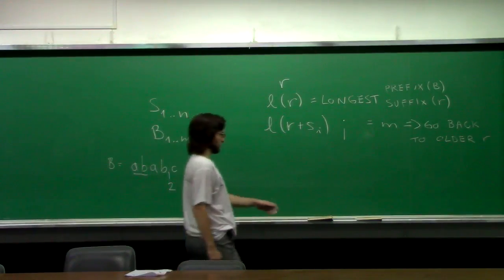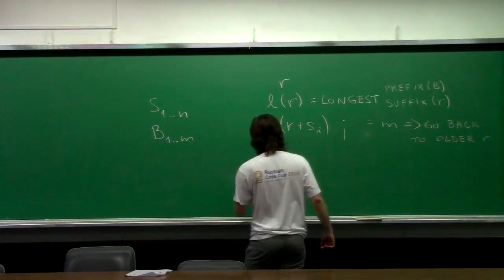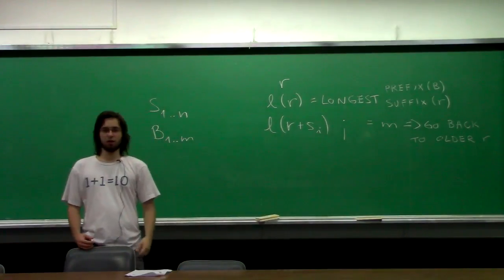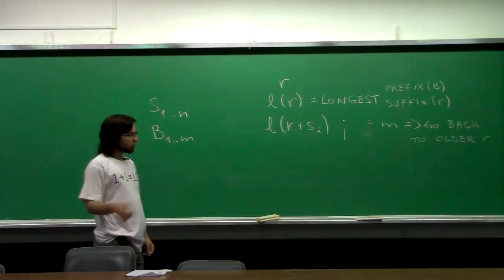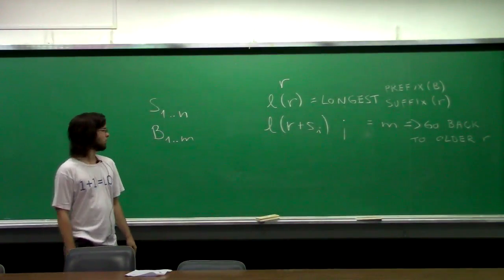These numbers can be computed in linear time, it's also a part of the KMP algorithm how to compute them, and in this case we could just afford to compute them by brute force.